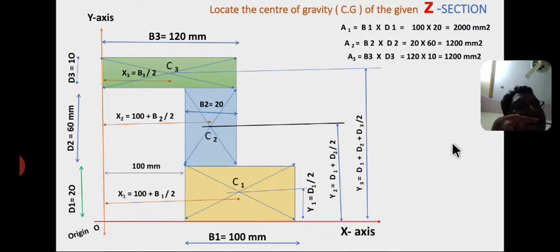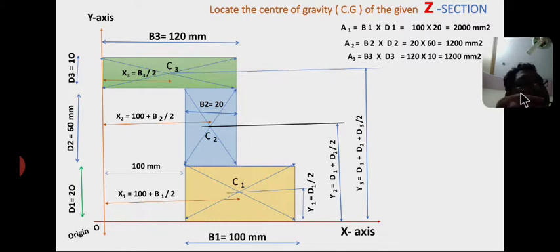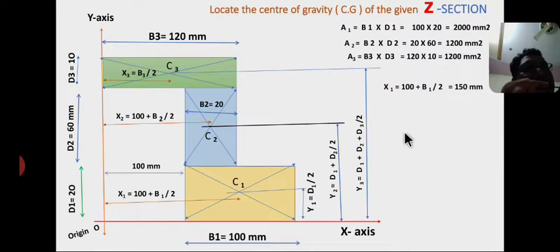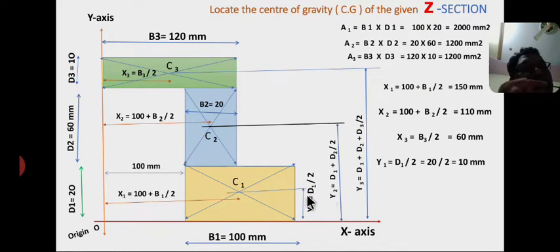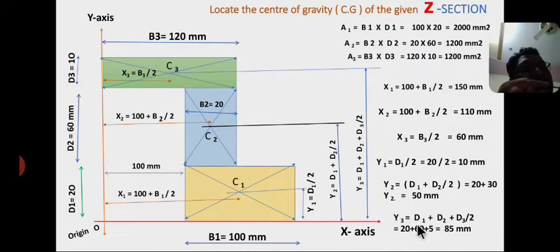So these are the values from the figure. x1 equals 100 plus b1 by 2 equals 150 mm, x2 equals 100 plus b2 by 2 equals 110 mm, and x3 equals b3 by 2 equals 60 mm. y1 equals d1 by 2, which is equal to 10 mm, and y2 equals d1 plus d2 by 2 equals 20 plus 30 equals 50 mm. y3 equals d1 plus d2 plus d3 by 2 equals 20 plus 60 plus half of 10, so 85 mm.